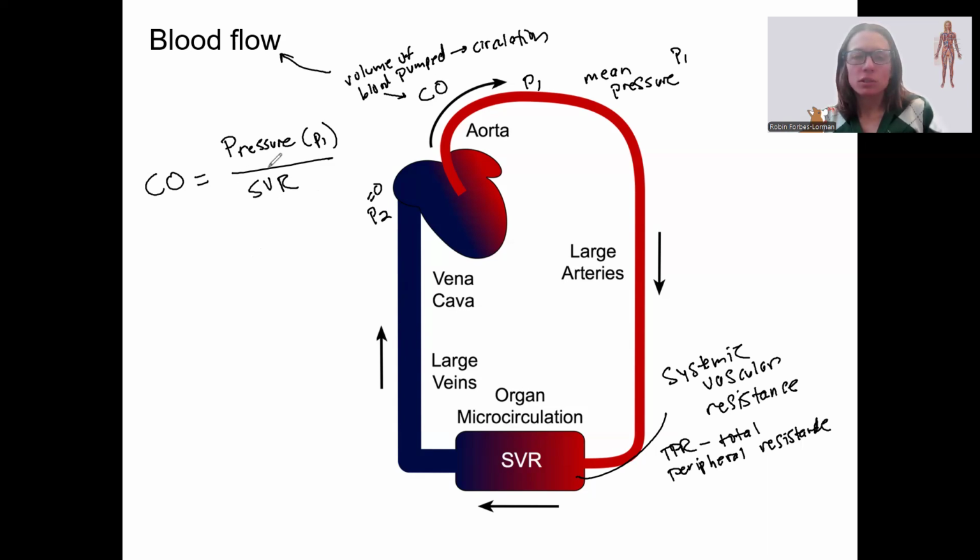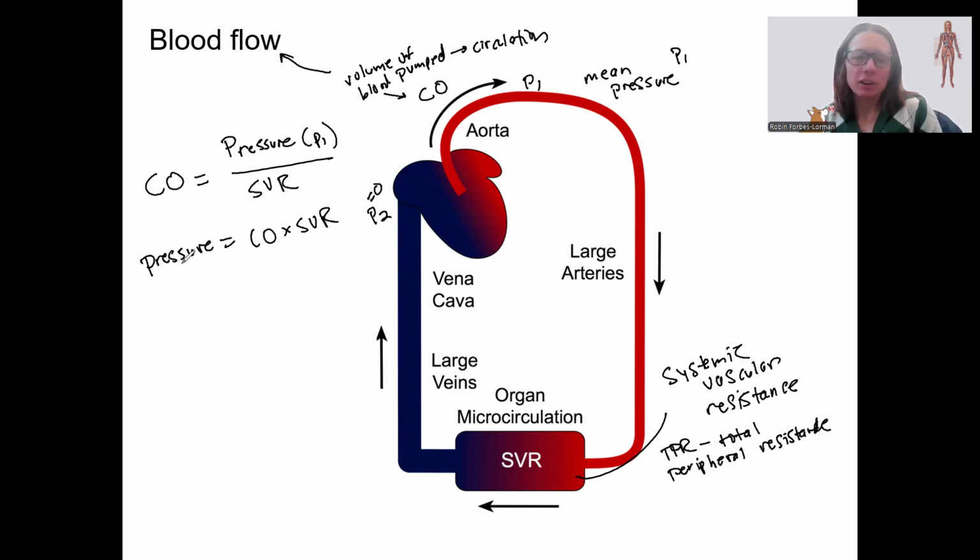The same way to write this would be we can multiply both sides by SVR. So pressure equals cardiac output times SVR. And we'll see this equation again.